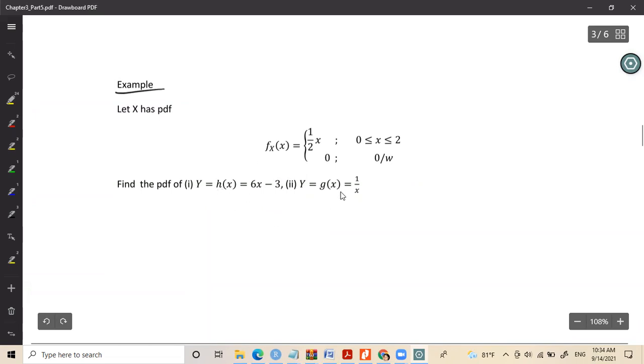And the second one, g(x), is 1 over x. So we'll look at the functions one by one. Let's start with the first one. h(x) equals 6x minus 3. So why don't you all take a piece of paper and try this with me?